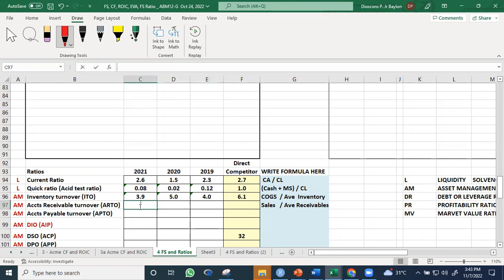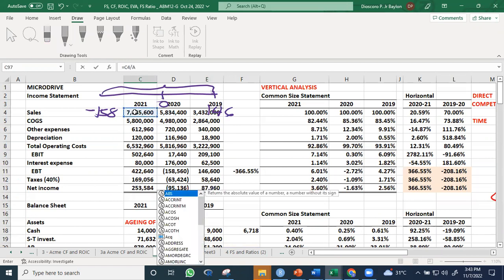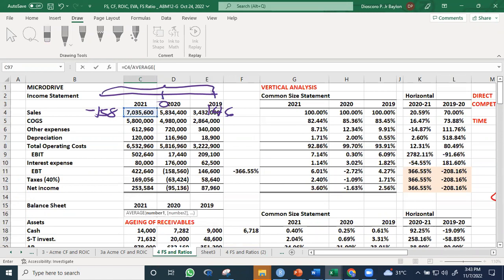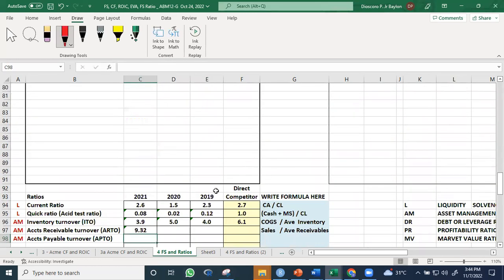Okay, so let's do this. Sales divided by your average receivables. So this one there. So one decimal place na lang natin.